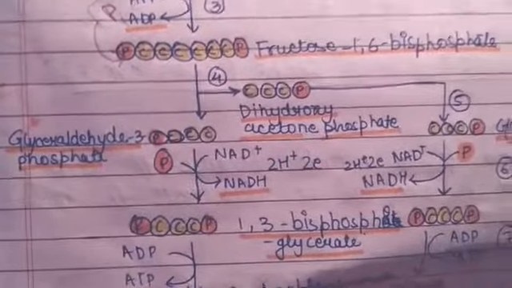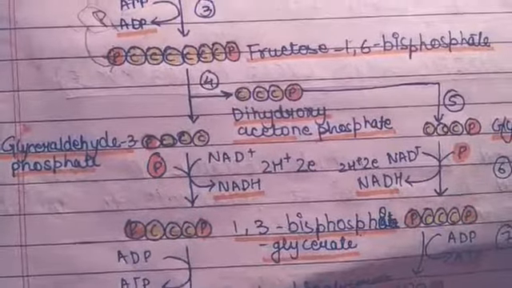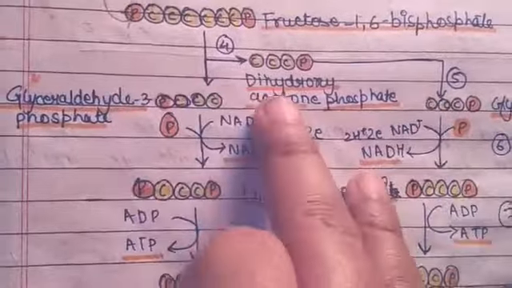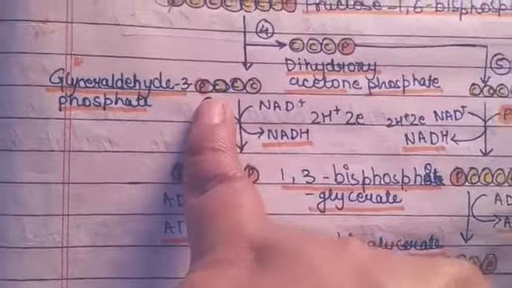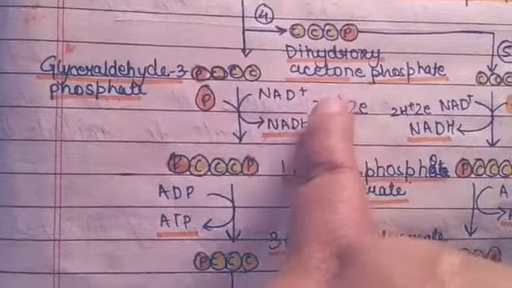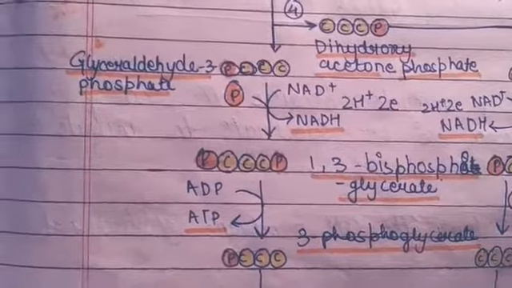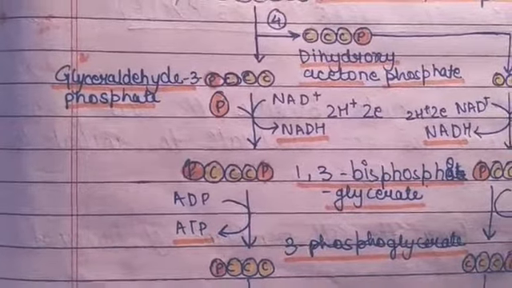Now it further undergoes a dissociation reaction, in which a 3 carbon plus phosphate and a 3 carbon plus phosphate molecule form, which are named dihydroxyacetone phosphate and glyceraldehyde 3-phosphate.